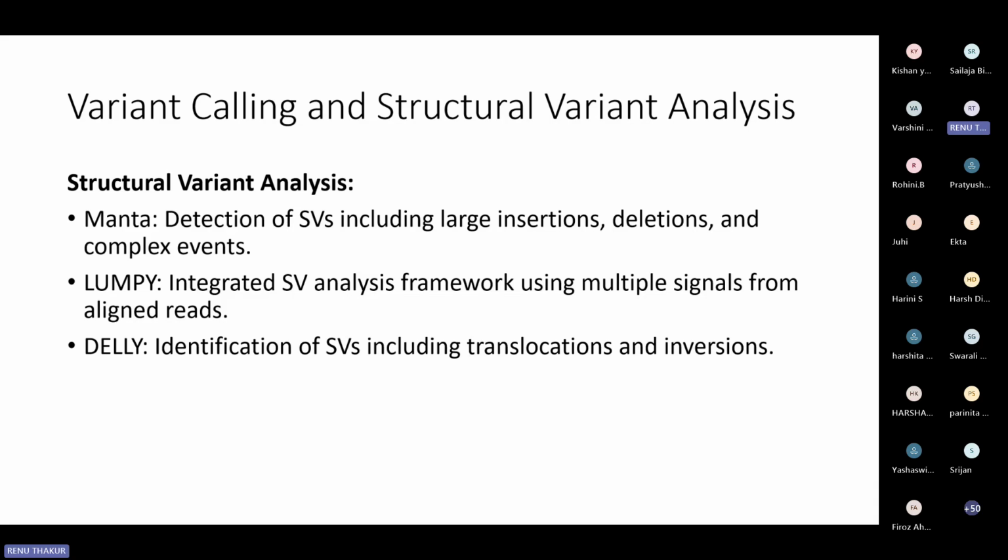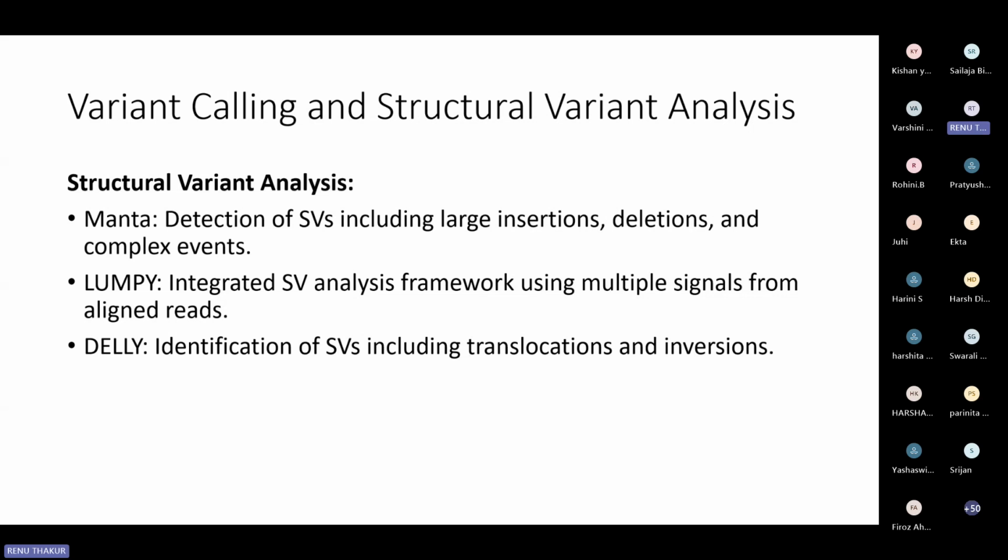The first one is Manta, for detection of structural variants, including large insertions, deletions, and complex events, which may be identified and rectified. And Lumpy is the integrated structural variant analyzer, a framework which we can use for multiple signals from aligned reads.